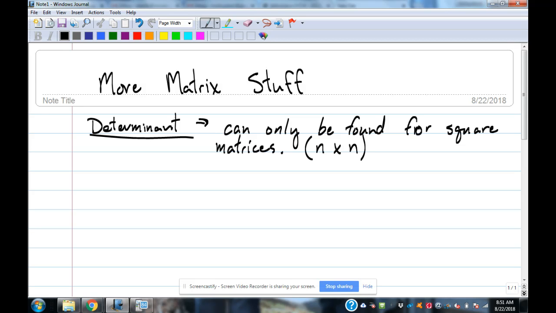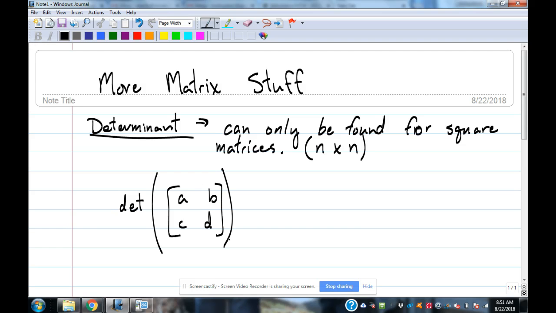Now, ways that they tell us to do the determinant. There are different notations for that. Sometimes it's straightforward, and they use the abbreviation DET, and then they'll put the matrix in parentheses. And that says find the determinant of that 2 by 2 matrix.